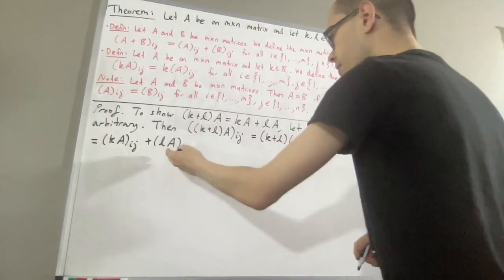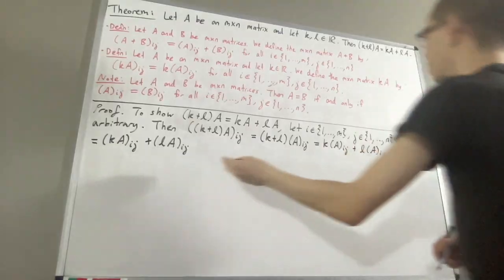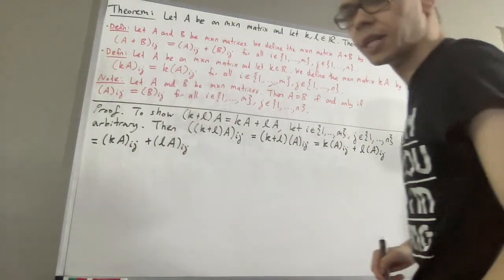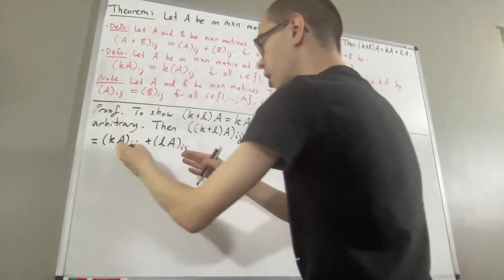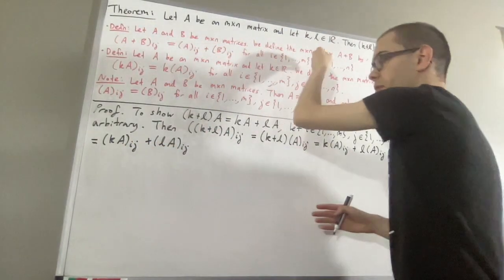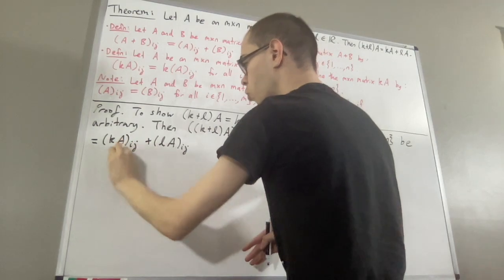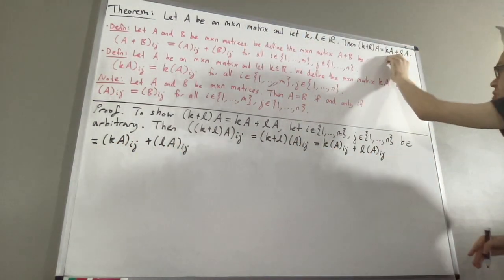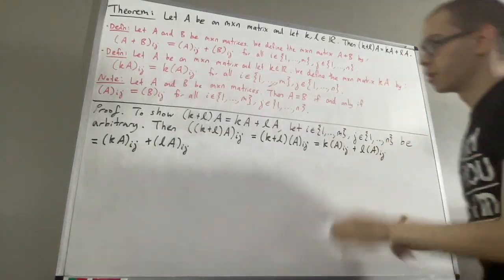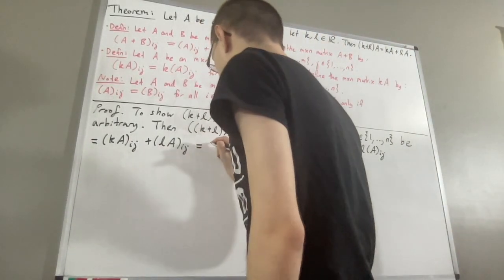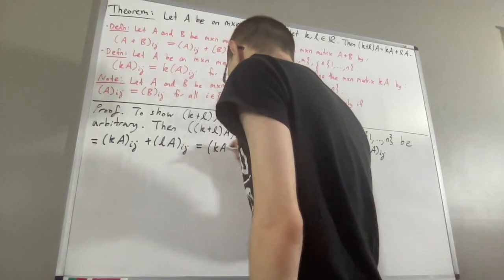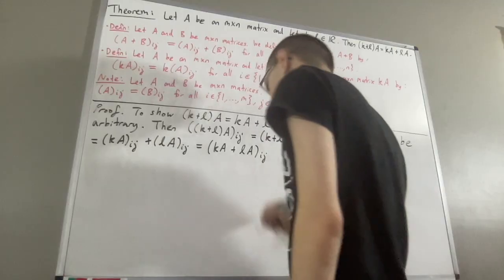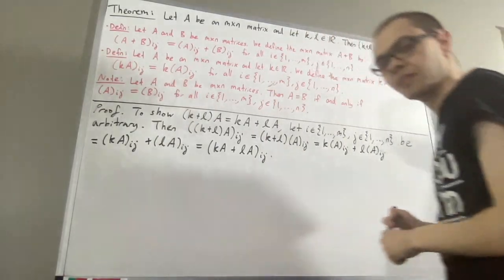But then from here, remember the whole goal is to obtain the ij entry of matrix KA plus LA. So at this point, we can just apply the definition of matrix addition, right? We're just adding the corresponding entries of matrix KA and matrix LA. So this is precisely the ij entry of matrix KA plus LA. And so that's it.